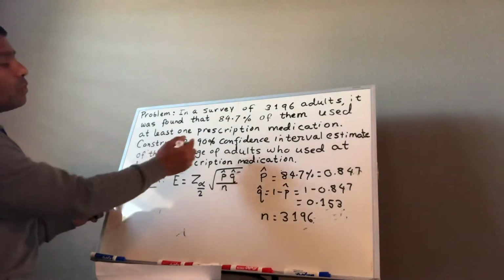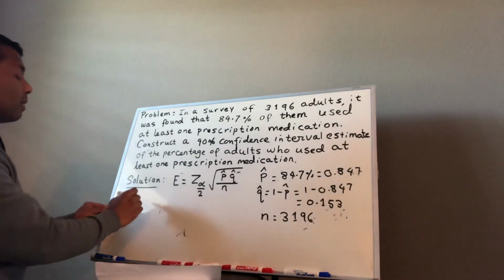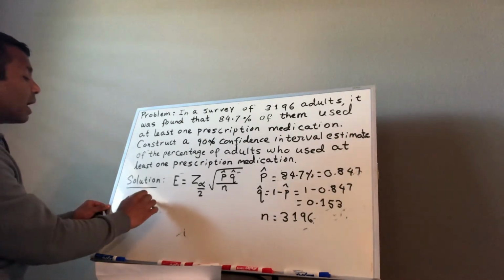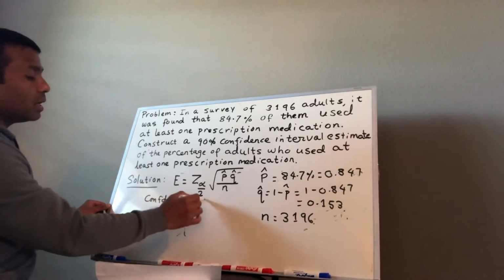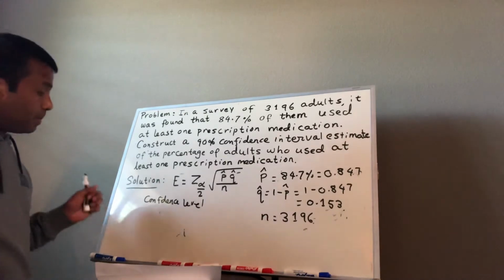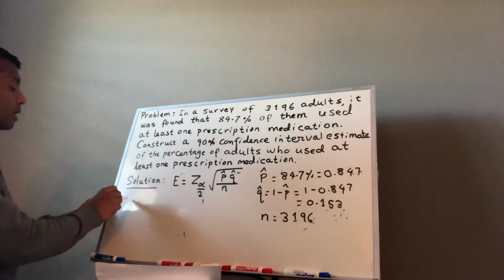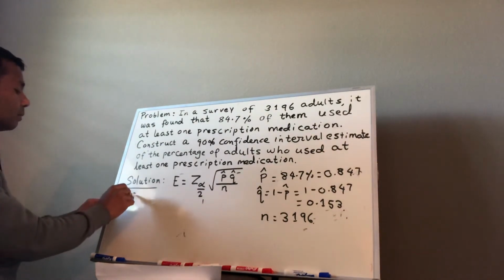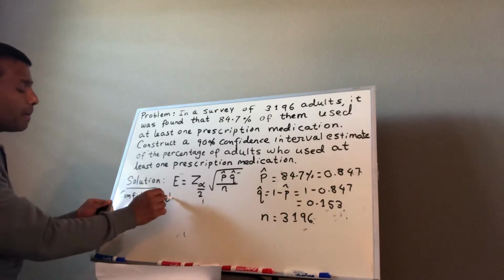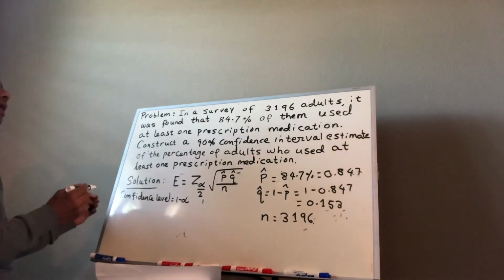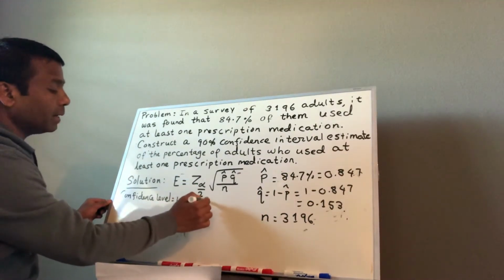So next thing we have to find is z sub alpha over 2. We are trying to construct a 90% confidence interval. Let me write down here: the confidence level, which is 1 minus alpha, is equal to 90%, which is 0.9, right?